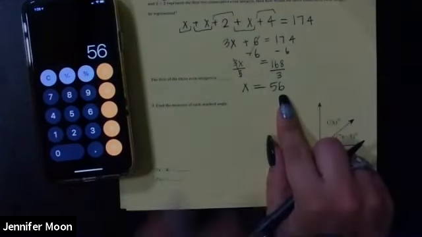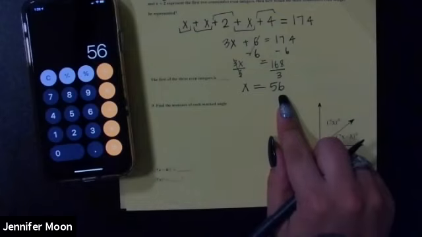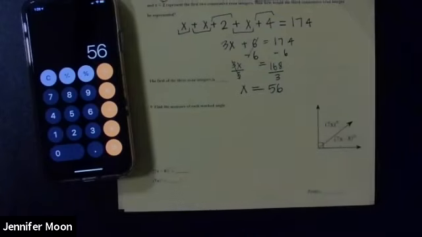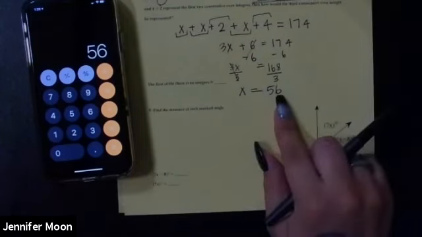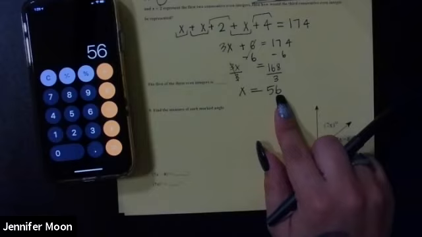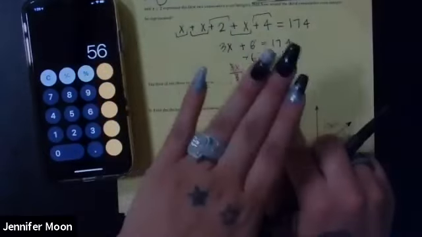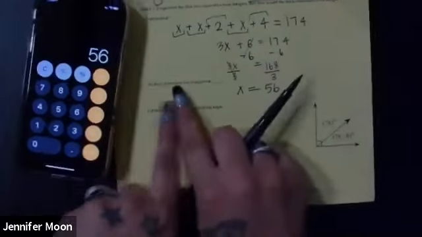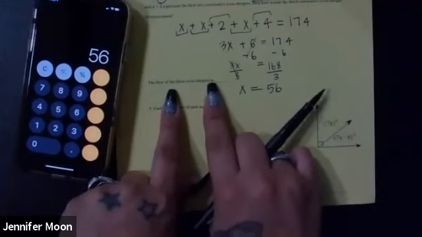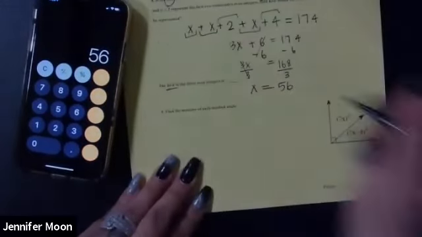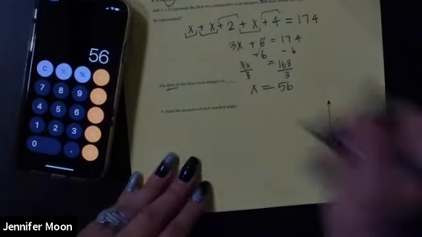Do you agree with me? Here's your check. Is 56 an even integer? Yeah. If for some random reason you on accident get 57, 57 is not even. So something messed up here, right? I'm specifically looking for an even integer. And it told me it wants the first even integer.